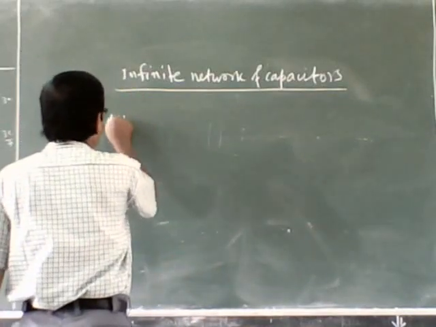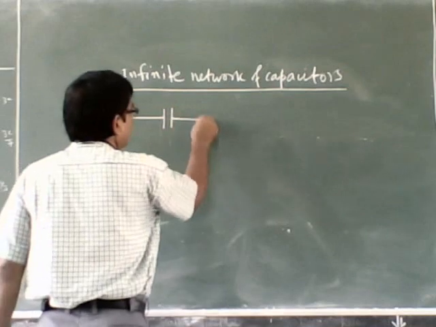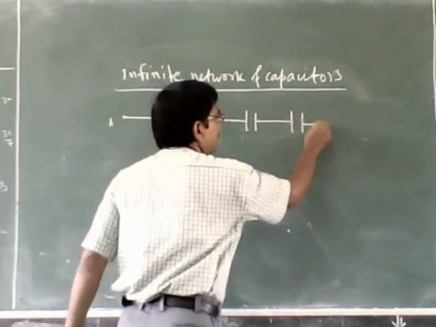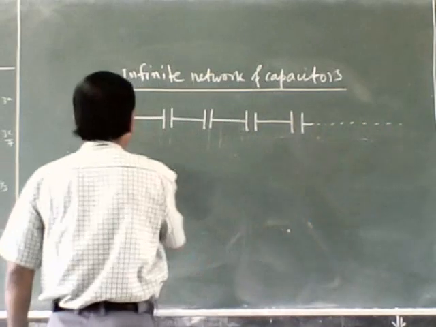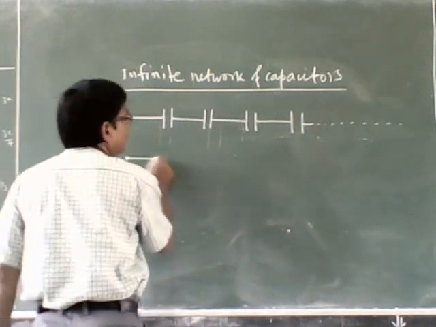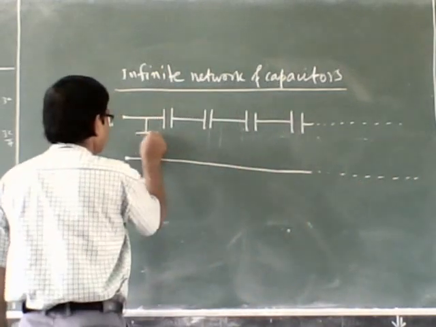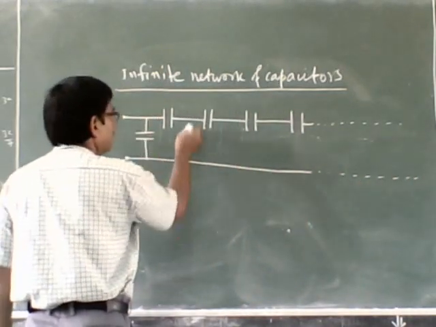Suppose this is point A and this is an infinite network of capacitors. This is point B. Capacitors are connected like this.